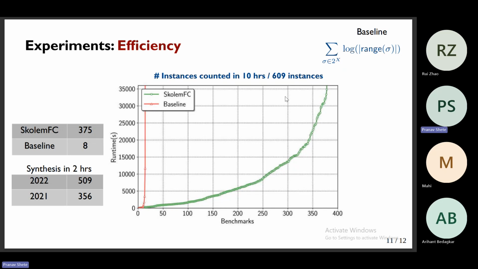Just to give you an example of how big that number is, if I remember correctly, the number of functions for, let's say, 6-bit factorization is possibly like 2 to the power 60 or something like that.